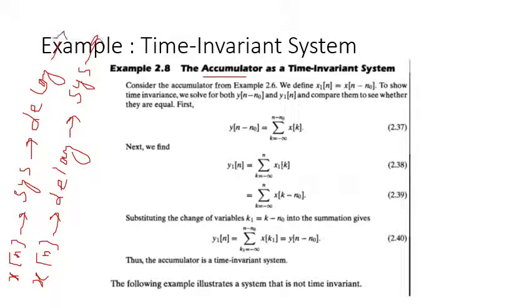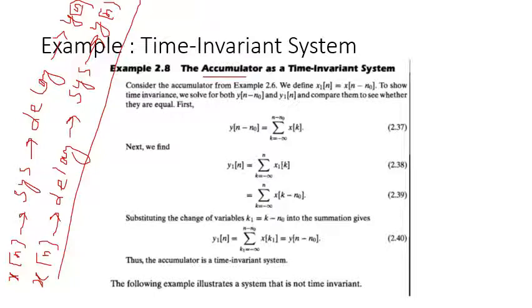If both the outputs are equal, it means the system is time invariant. So first we pass the input to the system then delay it, and in the second step we delay the input and then pass it through the system. It's up to you whether you want to follow this or the other way around.